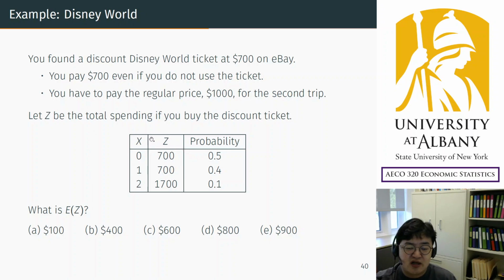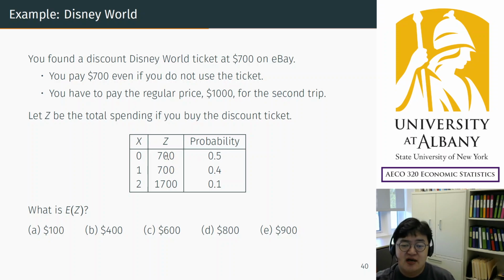I'm going to define a new random variable z as the total spending on Disney World if I buy this ticket from eBay, right? If I decide to buy this ticket, then the new random variable looks like this. If I do not go to Disney World next year, still I spent $700 on eBay, basically for nothing, right?